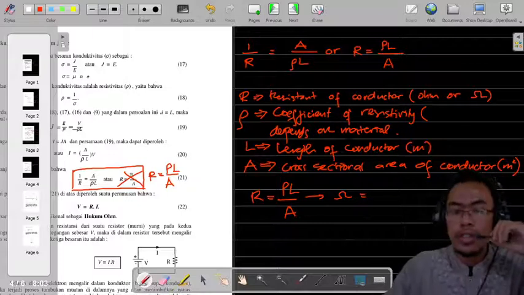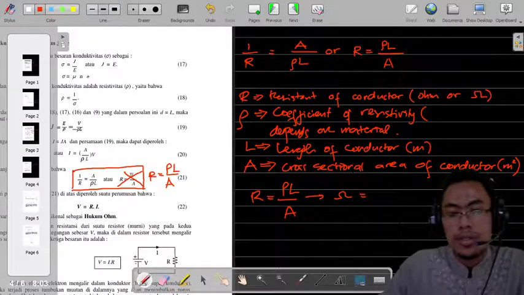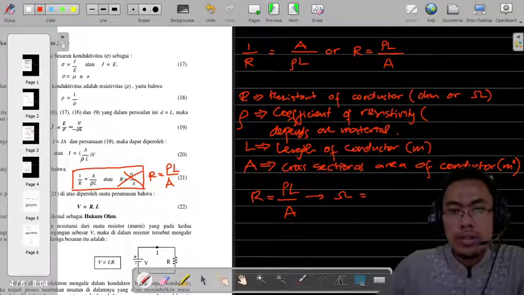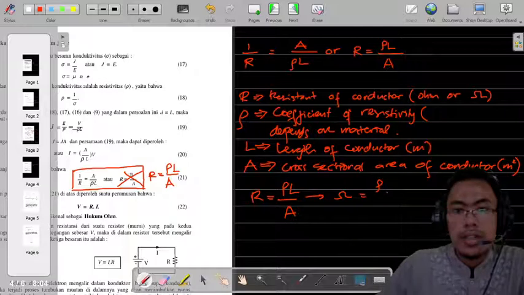Okay, sorry, there is a technical problem. Okay, let's continue. Rho is something that we are going to find, and then L is m and then the A is m square.